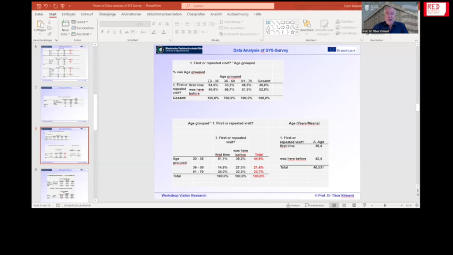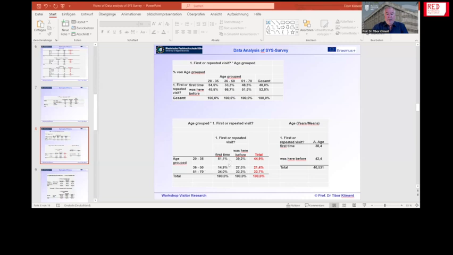So here we have the age, which we assume as an independent variable that influences the visiting behavior. But in this case, it makes sense to change the view. Namely, we want to understand whether first-time visitors are different from regular visitors or not. For doing so, we then change the variables. Here we put kind of visit in the header column and age groups into the row column.